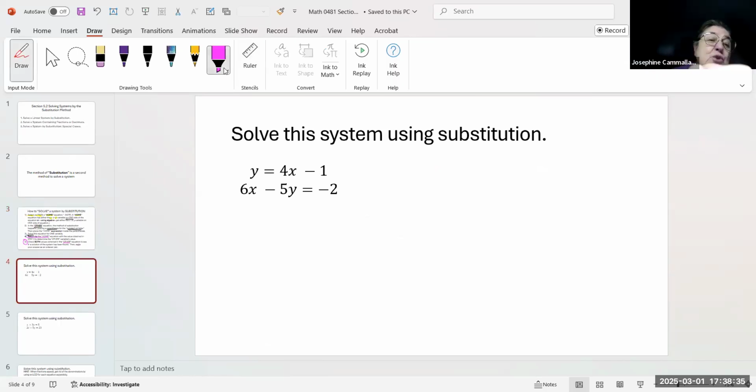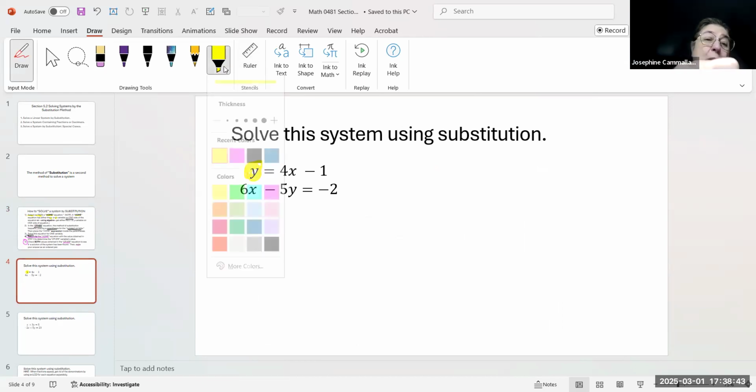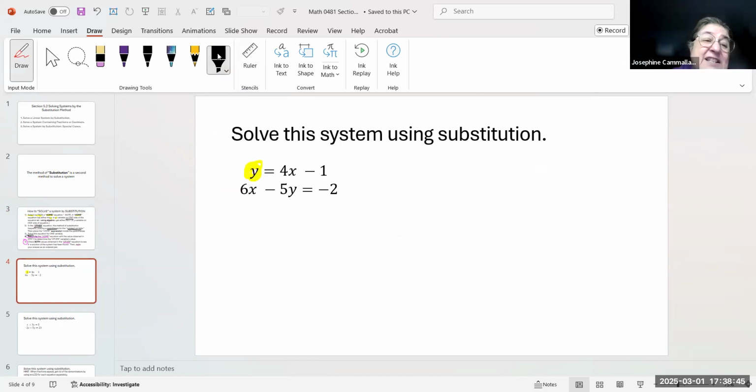Okay, do you notice that this letter y is all by itself? Which means this is going to be my home equation. That's my home.